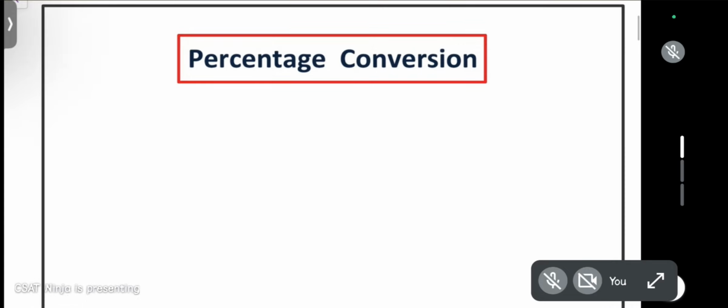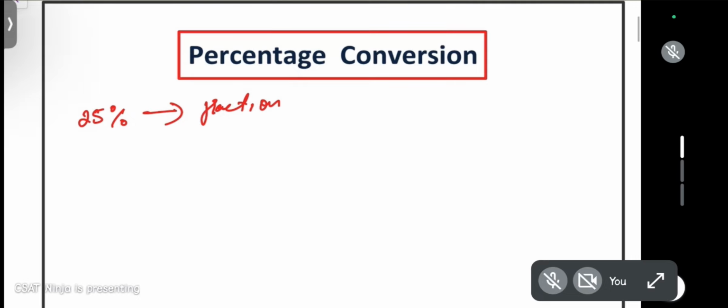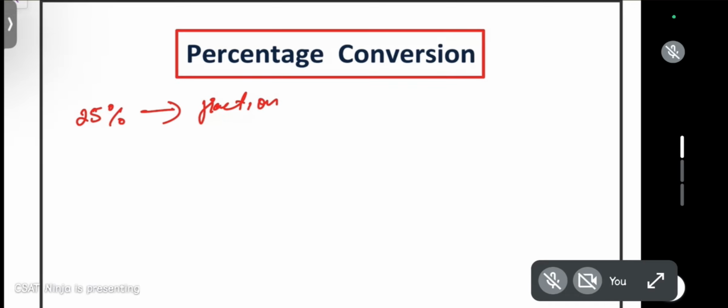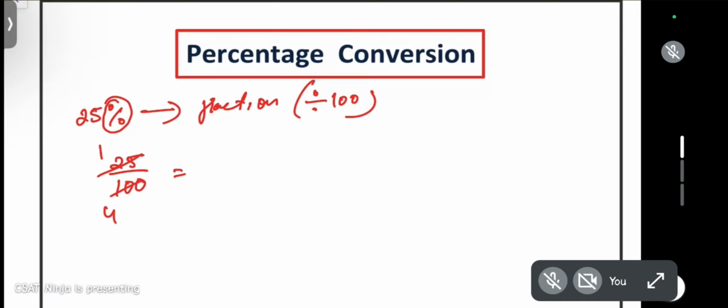Let's say you're converting 25% to a fraction. Whenever you're converting a number which is in percentage to a fraction, we just divide it by 100. In place of the percentage sign, we write 100 in the denominator. So if I cancel this, 25% is nothing but 1 by 4.